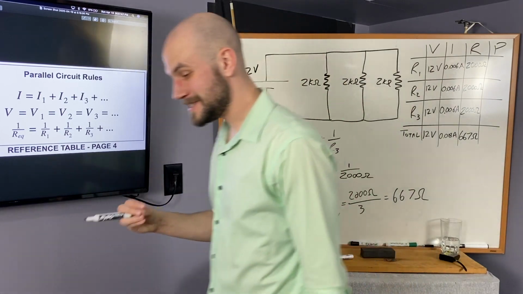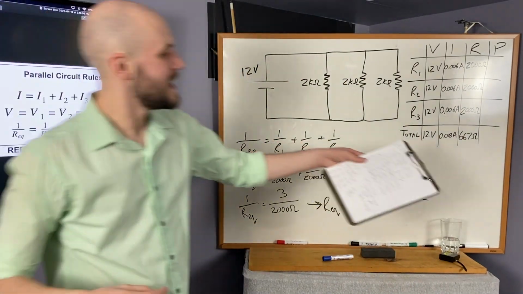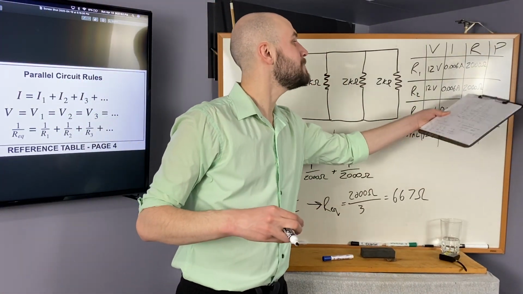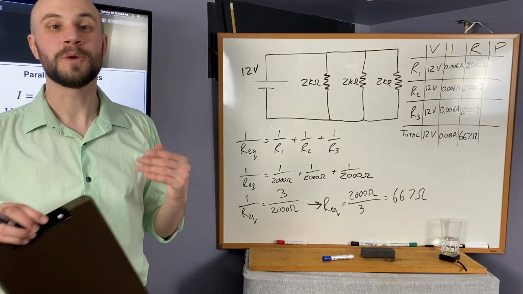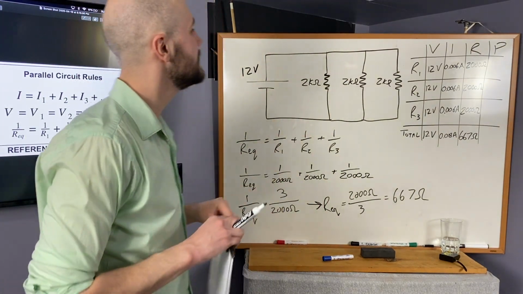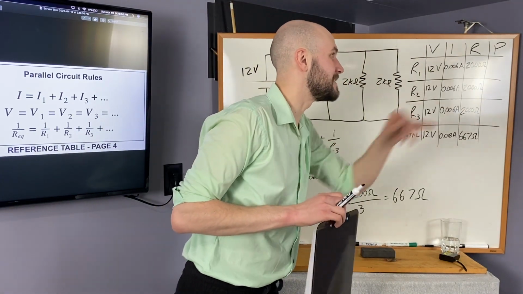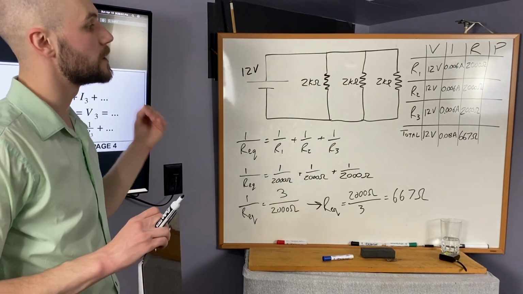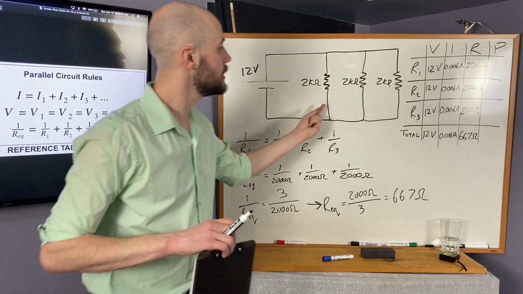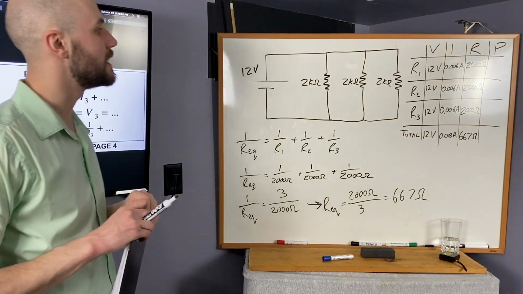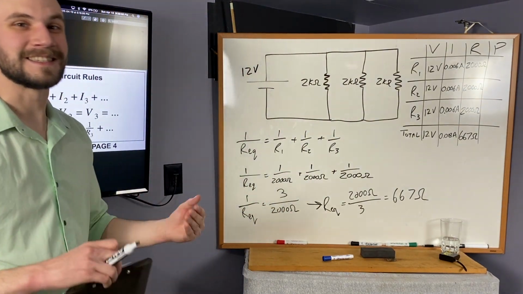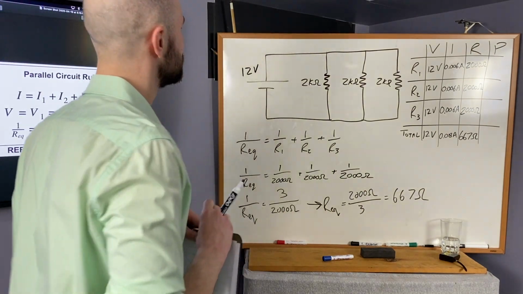The equivalent resistance for a parallel connection is always going to be less than any one of the individual resistors. That's always a good way to check. If we're doing a parallel circuit and the equivalent resistance ends up higher than any of these, we know we made a mistake. The equivalent resistance has to be less because we're opening up more lanes on the highway, which will ease the resistance, easing our current traffic.